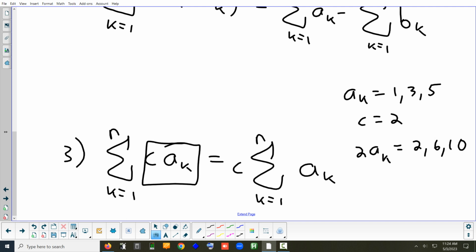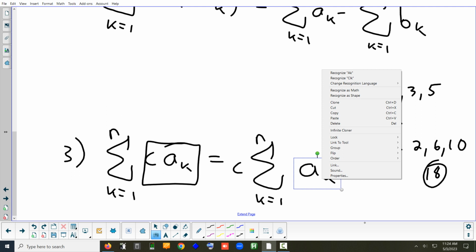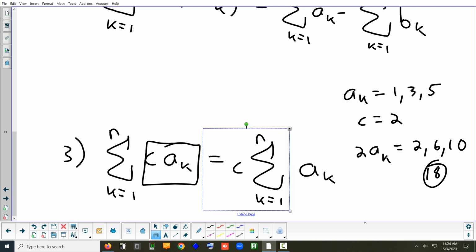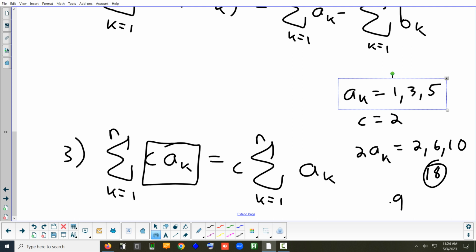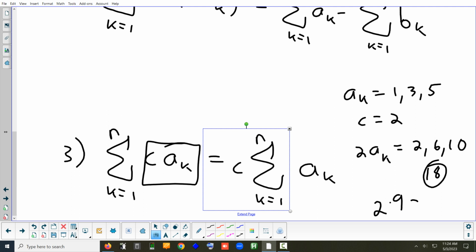So what's 2 plus 6 plus 10? 18. Now, let's do it the way on the right. Let's add up all the numbers in the sequence first, and then double it after. So what do you get if you add 1, 3, 5? 9. And now double it after you do the sum. Still get 18.